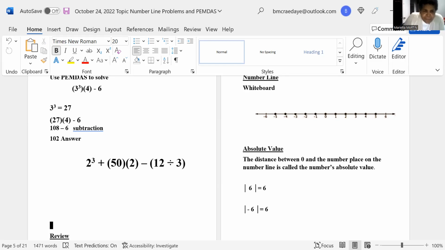You know, that one is a little hard for me. The 50? Well, the 50, that's a multiplication.